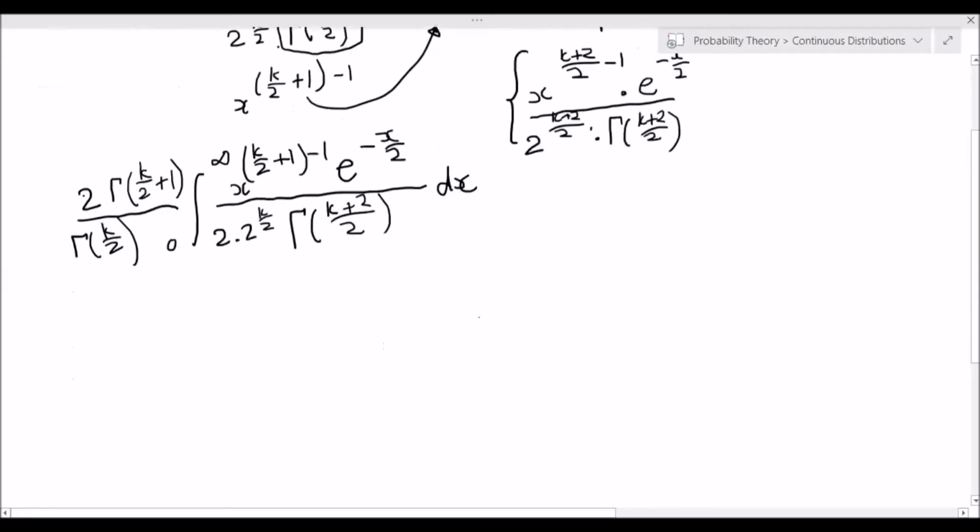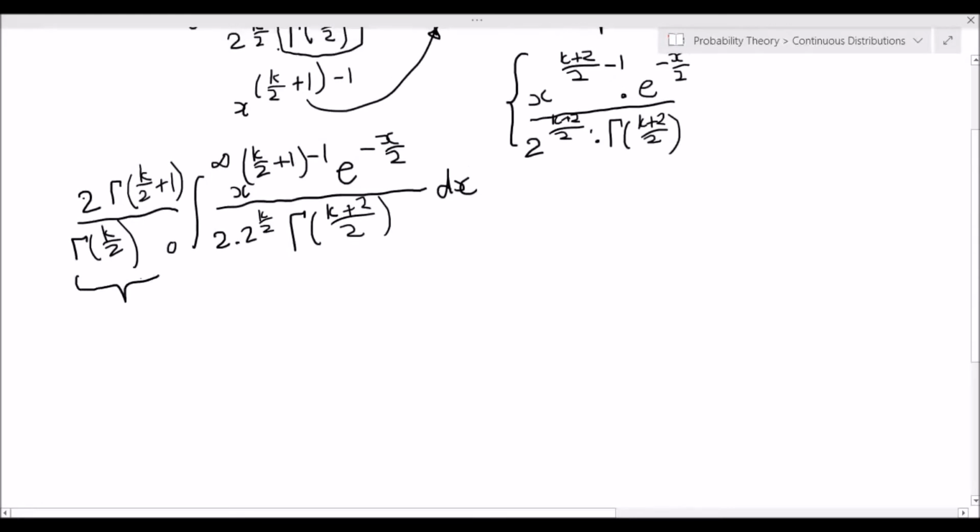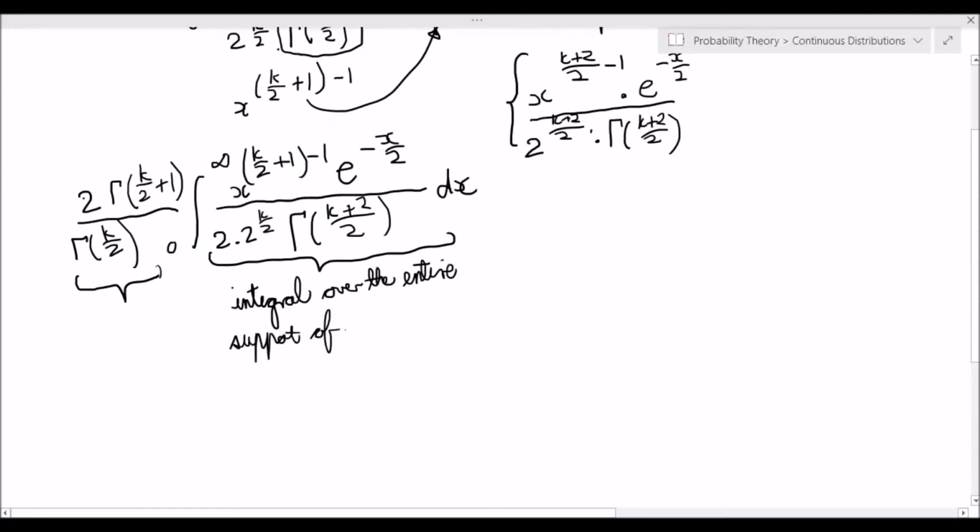And now we can see we have a constant on the left hand side multiplied by the integral over the entire support of a chi-squared with k plus 2 degrees of freedom.